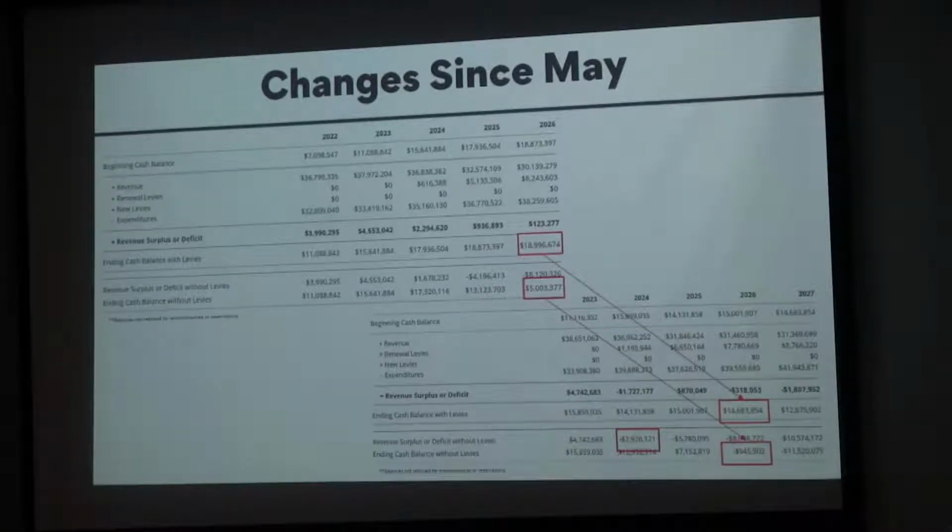So if the income tax is not renewed in fiscal year 2024, which is next year, we're projecting a $2.9 million deficit. That means we're spending $2.9 million more than what we're expected to bring in. That's what would need to be reconciled if the income tax is not renewed.